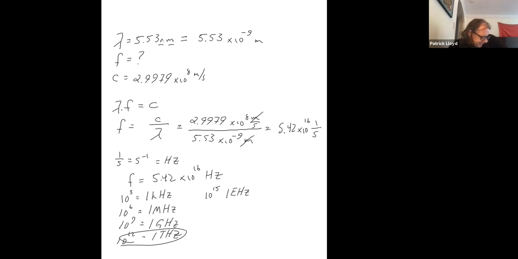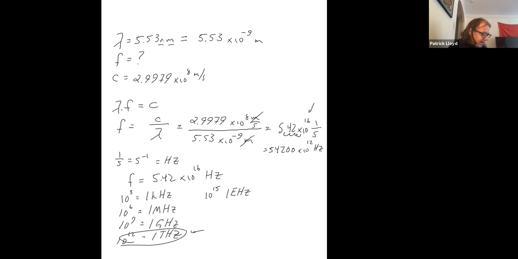So what you could do is use terahertz, because 10 to the 12th is getting close. If I move the decimal point 4 places, you get 10 to the 12. 16 minus 12 is 4.